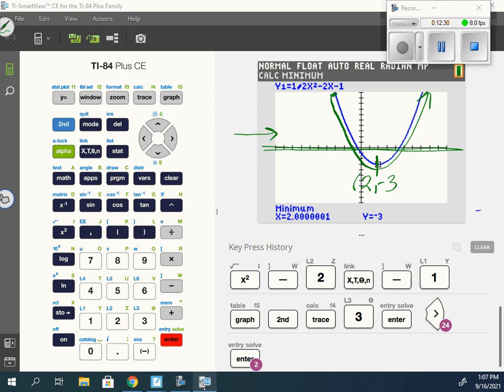So really this function, as I come in from -infinity to 2, it is decreasing. And from 2 to infinity, it is increasing.